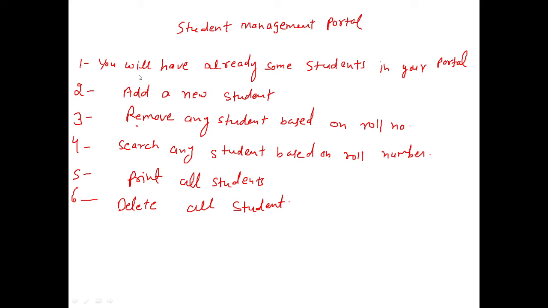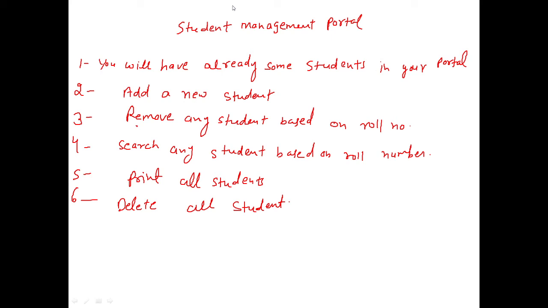So when you run your program, that static block will run first and students will be added. So the student adding logic will be written there first, right? Then add a new student, remove any student, and of course there is a requirement that your program should not terminate until you want to terminate it.